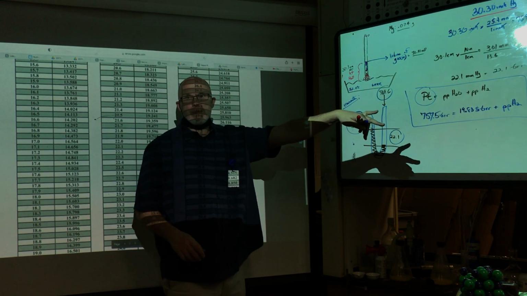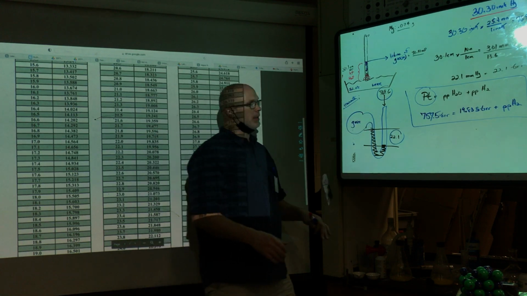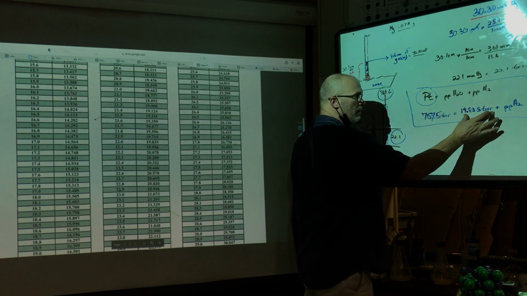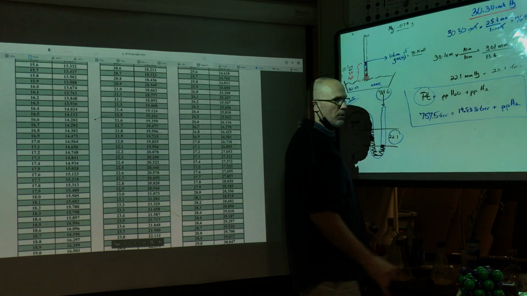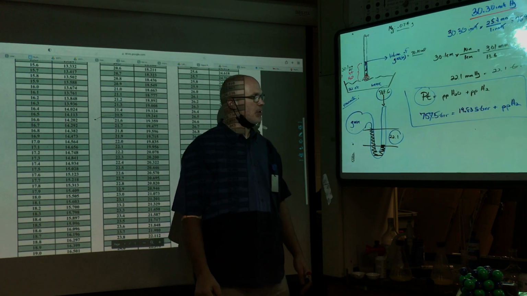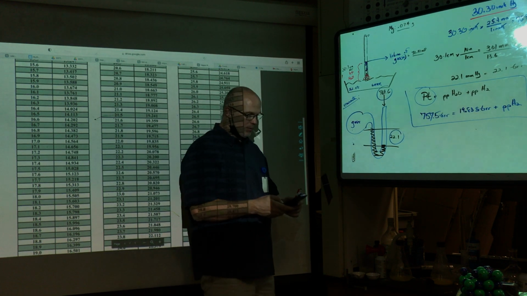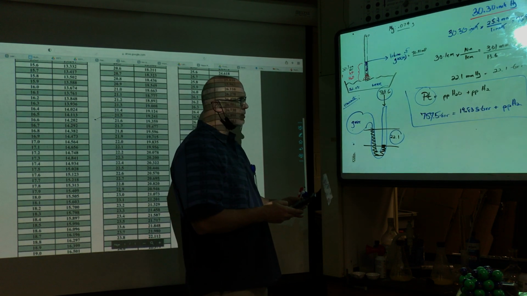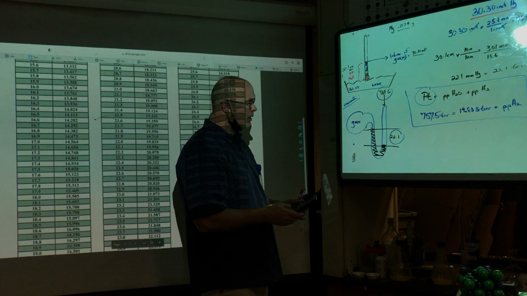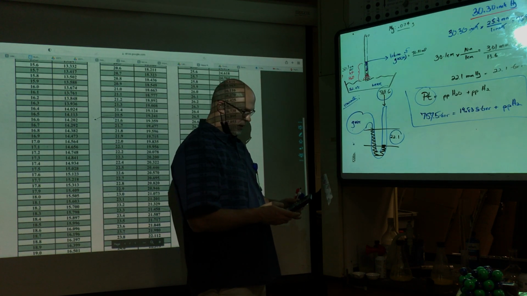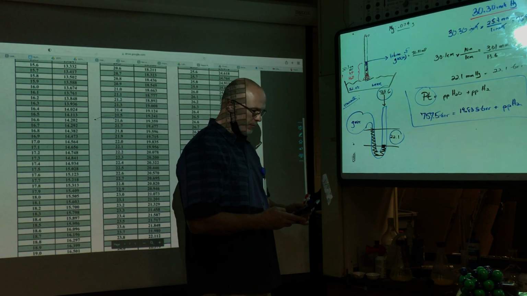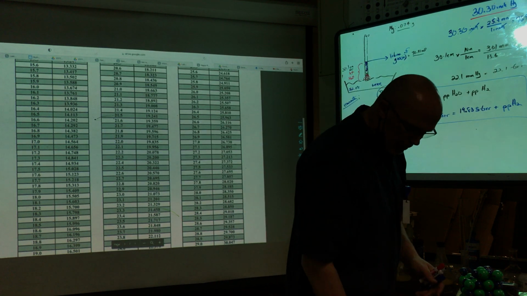So to solve for my missing, remember, I collected some water vapor, and the rest of that pressure is due to the hydrogen. So all I'm doing is subtracting the water vapor from the total. So 747.5 minus 19.835, and I get 727.7.